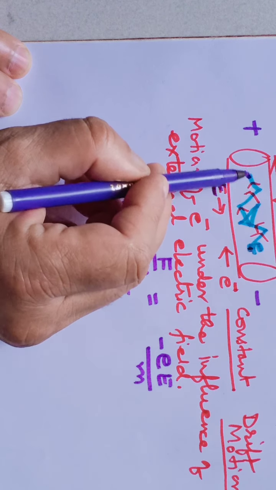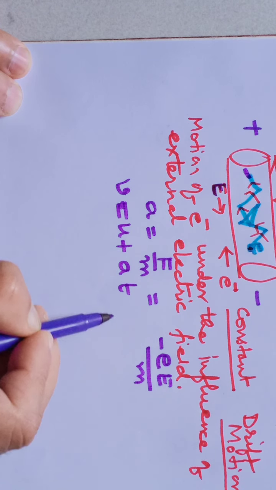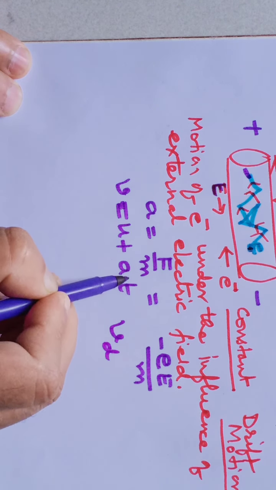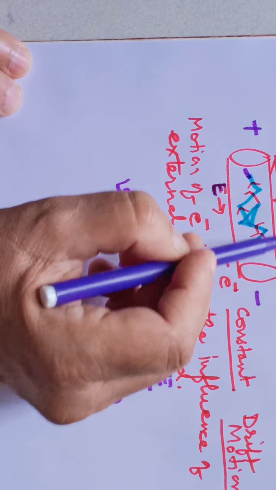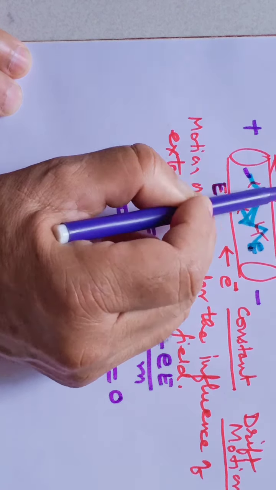So final velocity is Vd, let us call it drift velocity. Initial velocity in this direction was 0 because the net velocity was 0 along this direction. So initial velocity U is equal to 0. Final velocity Vd we have to calculate.